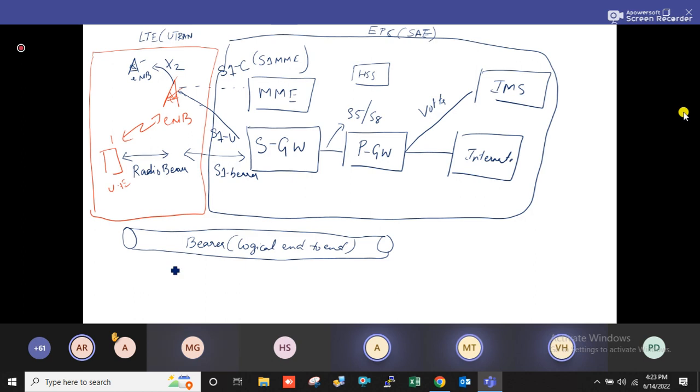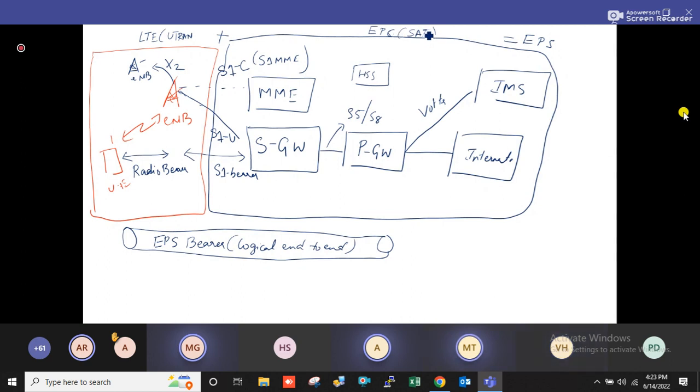So this bearer, what we call a logical connection, typically called an end-to-end connection, is the EPS bearer. Why is it called EPS? The LTE plus the core network put together is called as EPS. EPS stands for Evolved Packet System. EPC stands for Evolved Packet Core Network.